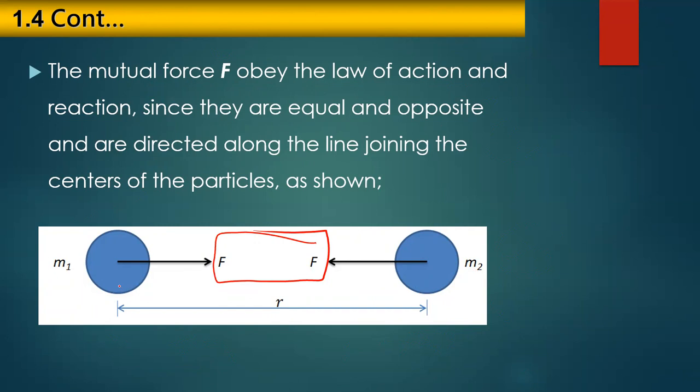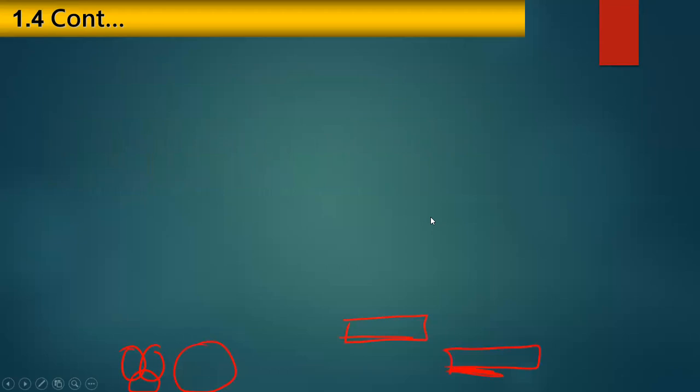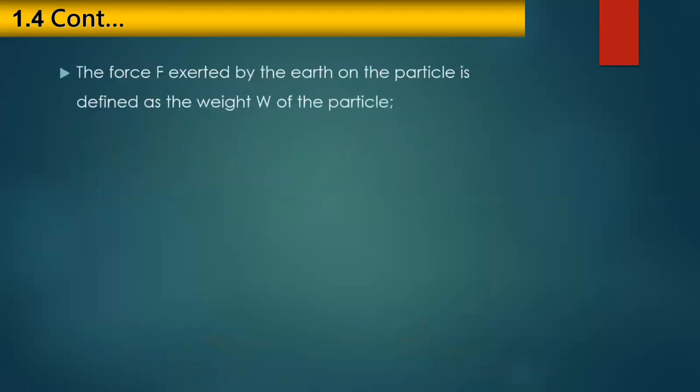You also get the distance between them, measured from their centers, their midpoints, which is R, and then you plug them into the formula. Then you get the force of attraction.